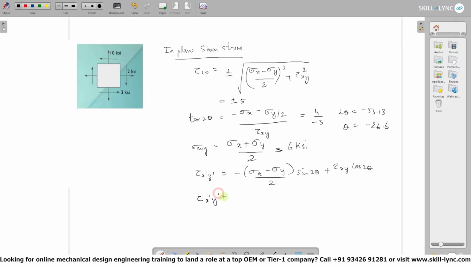Tau x dash y dash is equal to minus of 2 minus 10 divided by 2 into minus sine 53.13 plus minus 3 into minus cos 53.13, that will be equal to minus 3.19 plus 1.8, which is equal to minus 1.39 ksi.